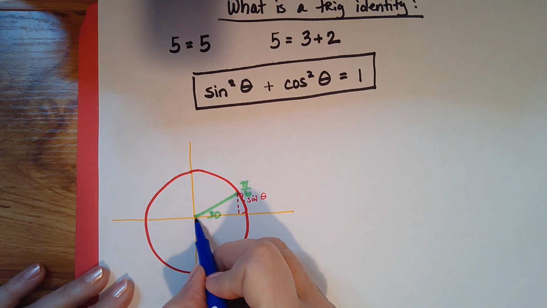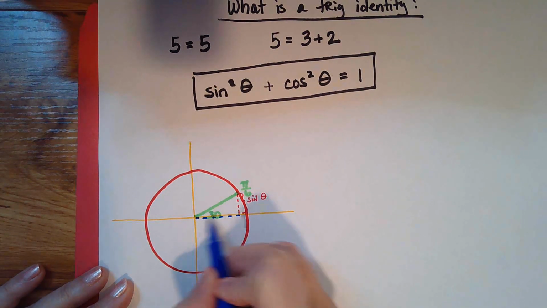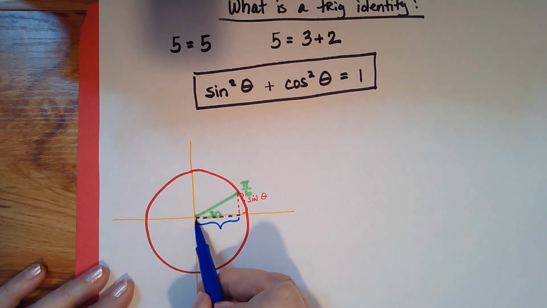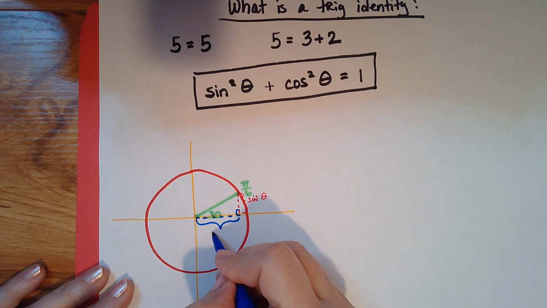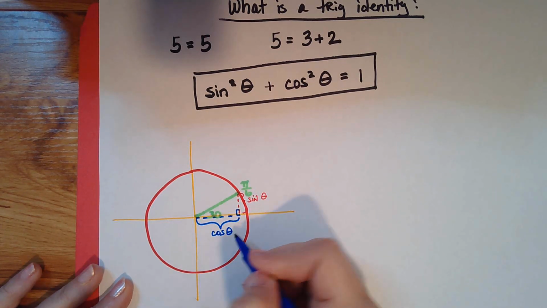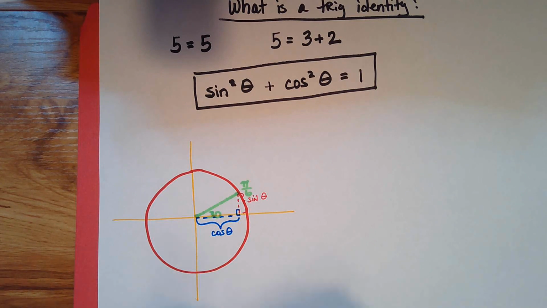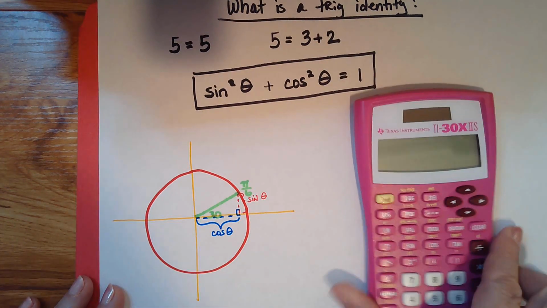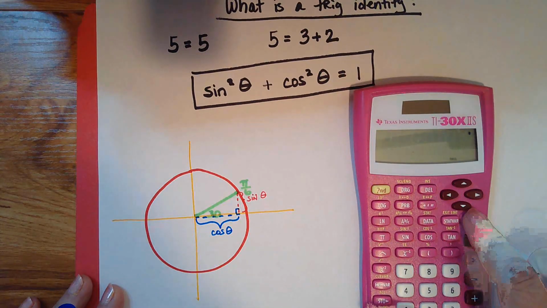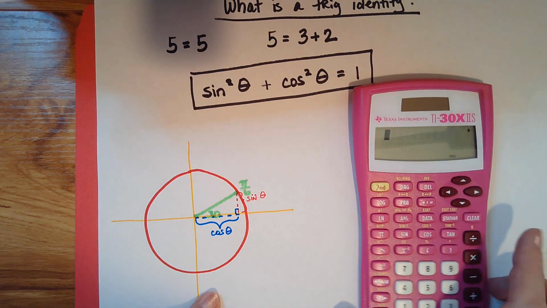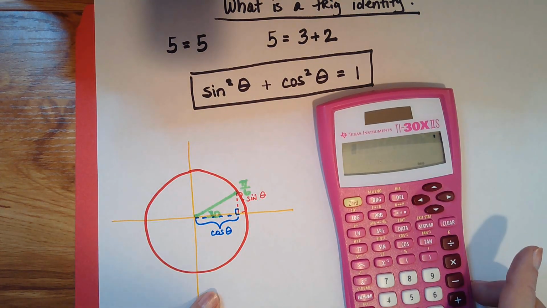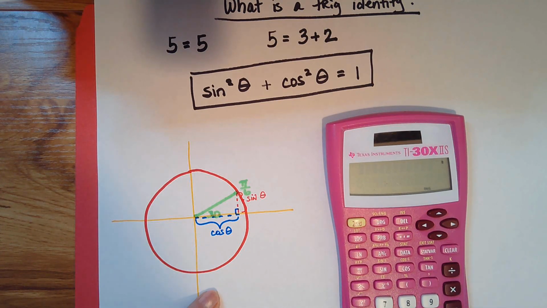And this distance right here from the origin over to where that perpendicular drops, that is cosine of this particular angle of, in this case, 30. And if we want to, just for fun, we could calculate this. So I'm in degrees. You don't have to be in degrees. You could be in radians if you so desired. I don't care. Just make sure that you know whether you're in degrees or radians.